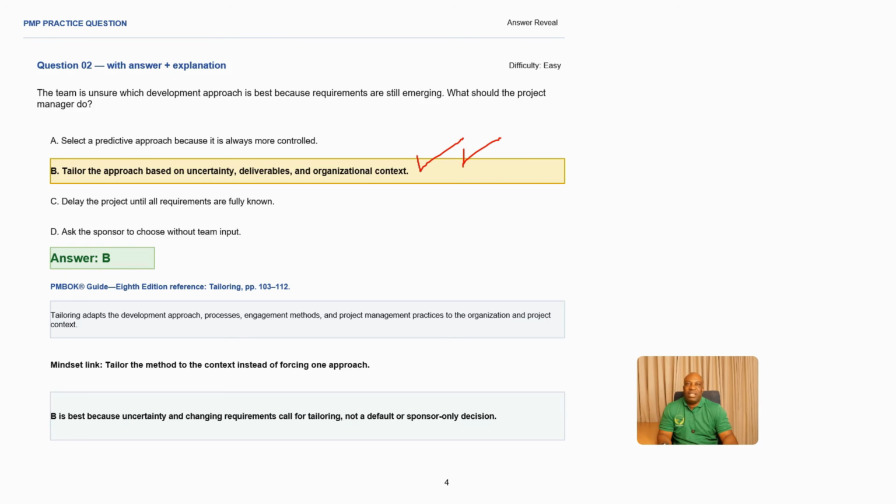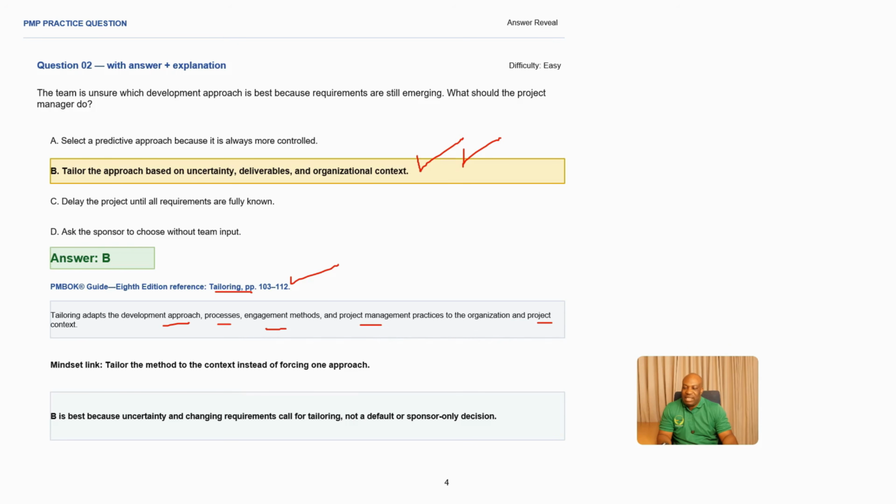So now let us go through what we can reference from the PM book. If you go to tailoring on page 103 to 112, what does it say? It says tailoring adapts the development approach, processes, engagement, and also project management practice to the organization and project context.